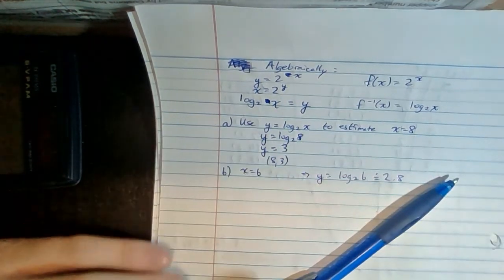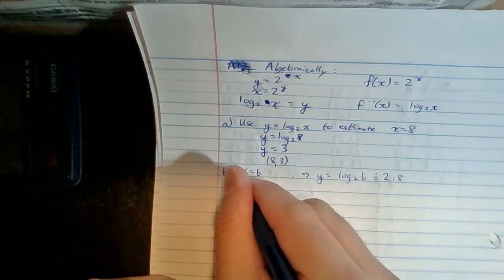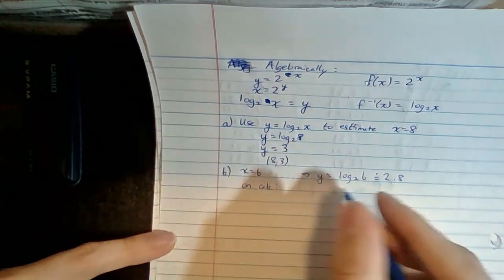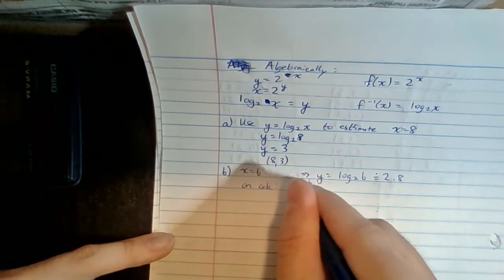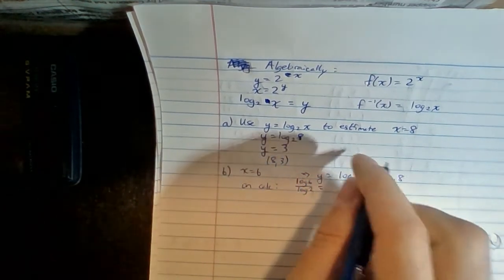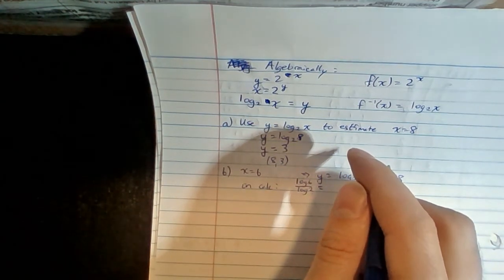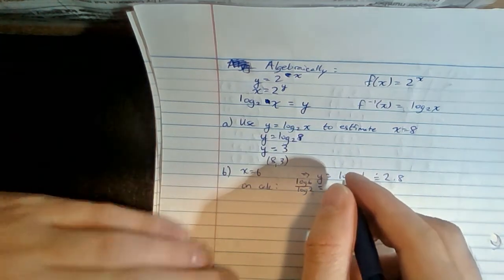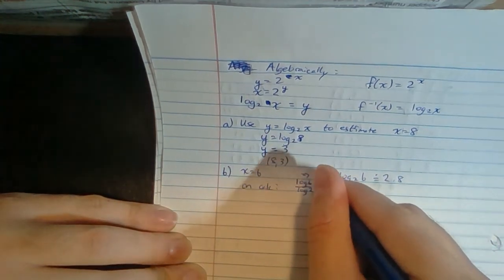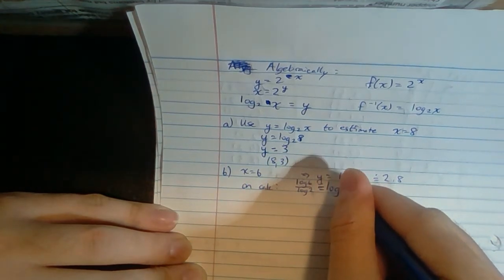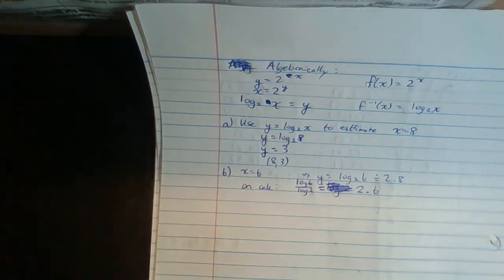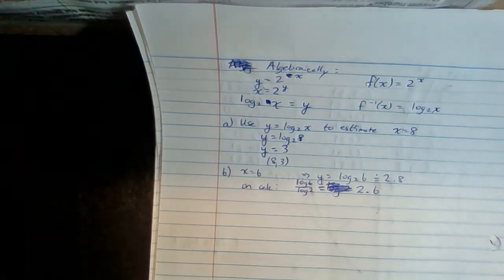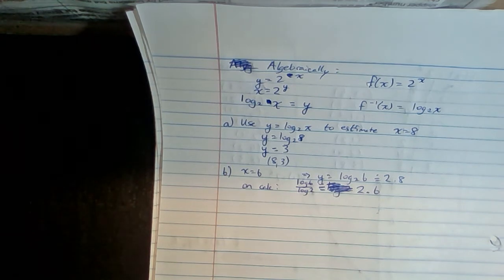We'll say 2.8. On the calculator, in order to calculate log base 2 of 6, we need to do log 6 divided by log 2. And that will give us 2.58, about 2.6. So again, that graph in the notes is better than this rough sketch that I've done.